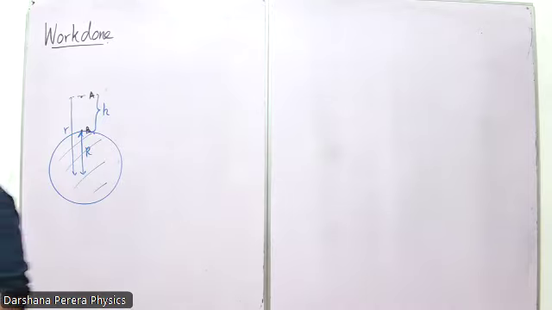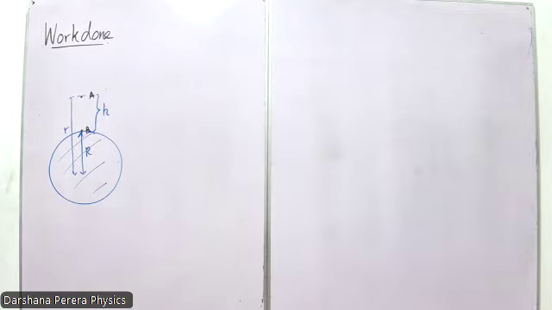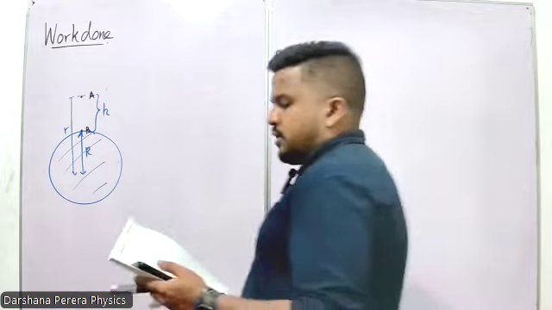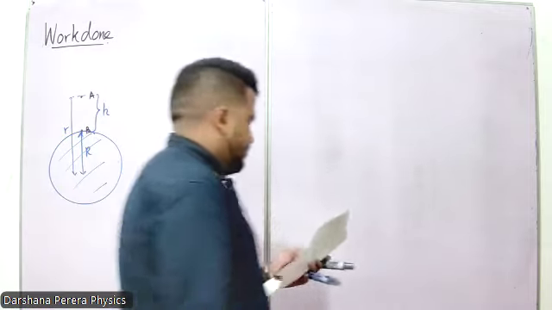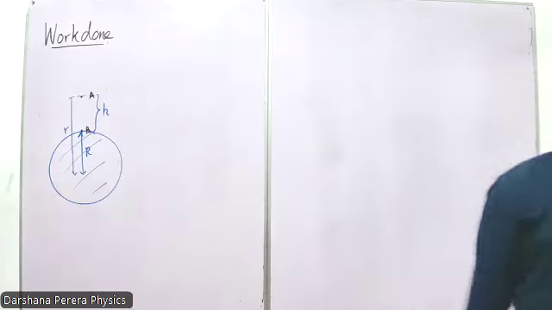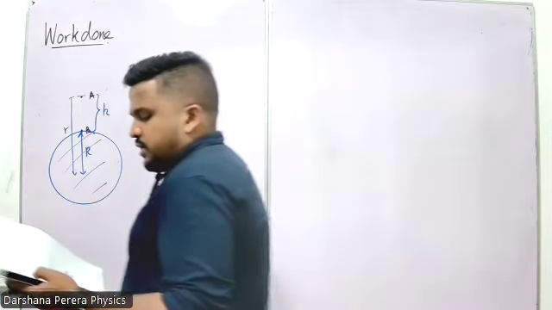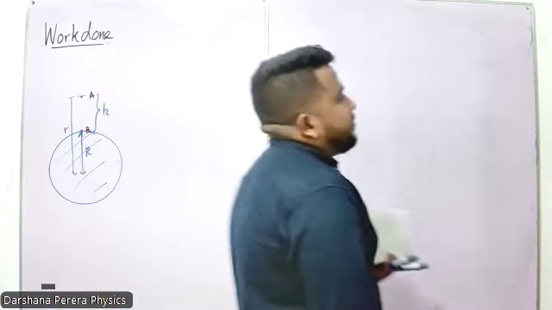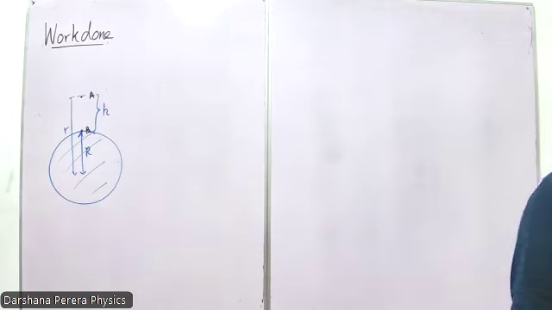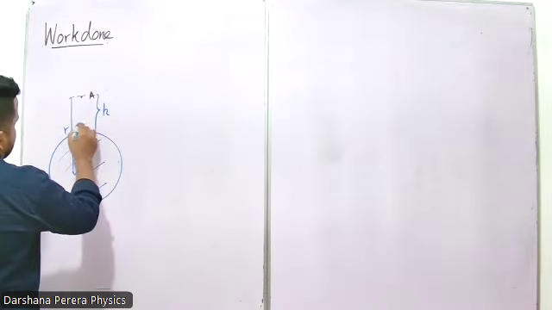Then write down: to move a mass from one point to another point in a gravitational field, the work done must be equal to the increase of potential energy of a mass.